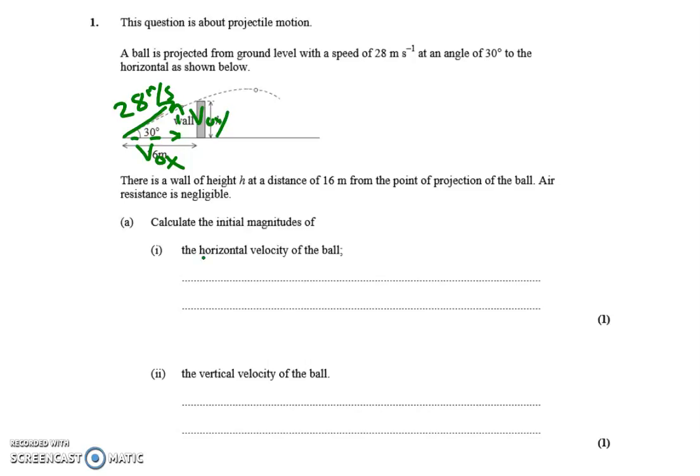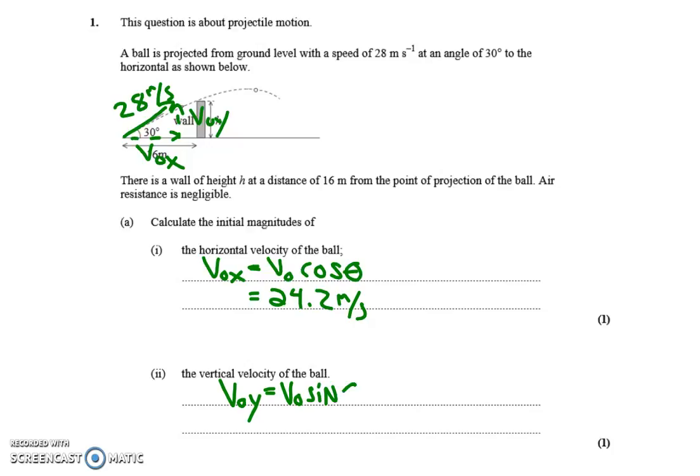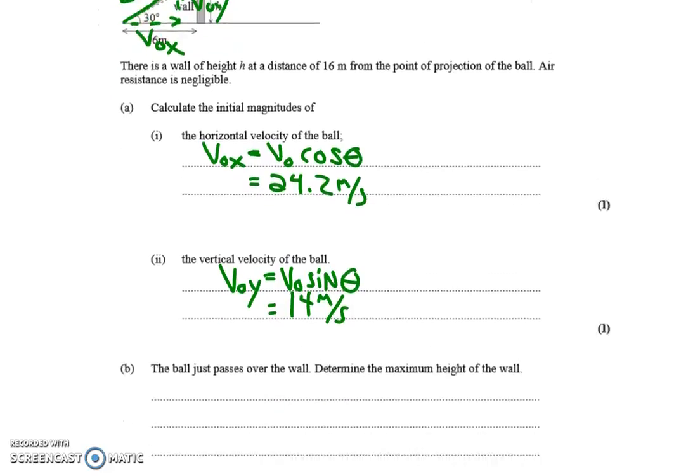The v naught in the x is v naught times cosine of theta, and that works out to be 24.2 meters per second. And then the v naught in the y is equal to v naught times sine of theta. So 28 times sine of 30, and sine of 30 is a half, so half of 28 is 14 meters per second. So those are the two easy ones.